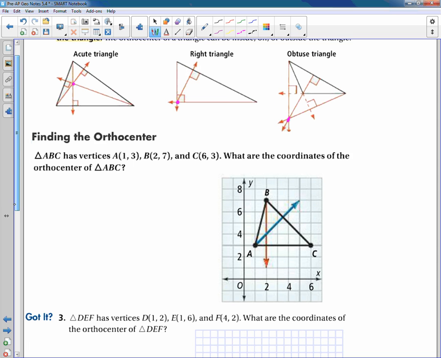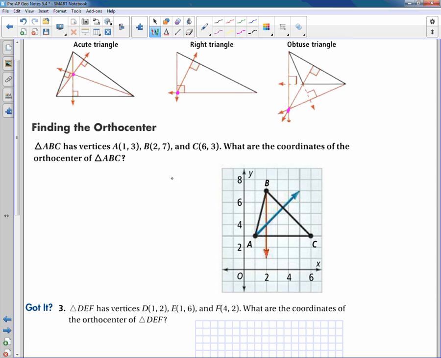So if we look at this one, ABC has the following vertices, and so we have to find where the 90-degree angle would be. So what would be the coordinates of the orthocenter here? So if we continued to make the 90-degree angle here from C, we want something that's perpendicular to this one. So this would be 1, 2, 3, 4 over 1.